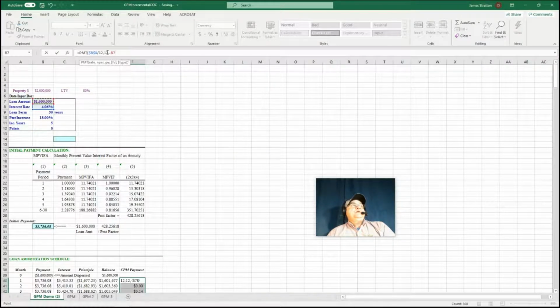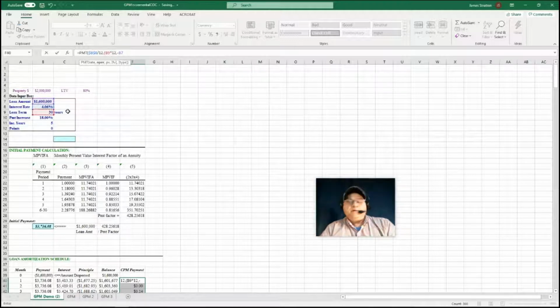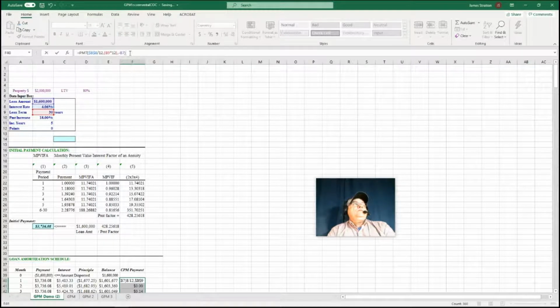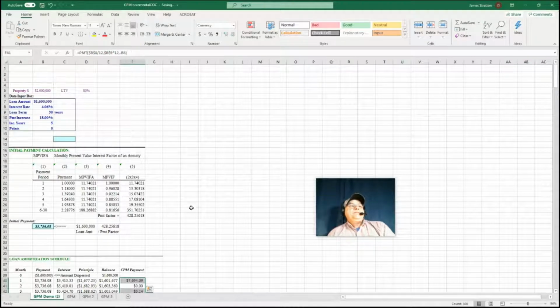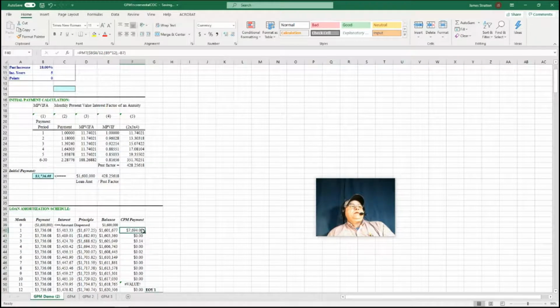Oops, sorry. I wonder if it's because that needs to be parentheses around it. It does. Parentheses B9 times 12. Nope, didn't like it. I wonder what happened here.